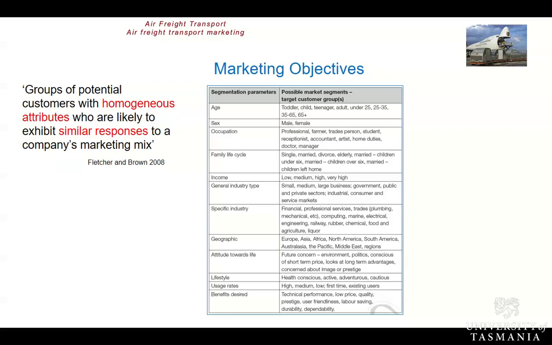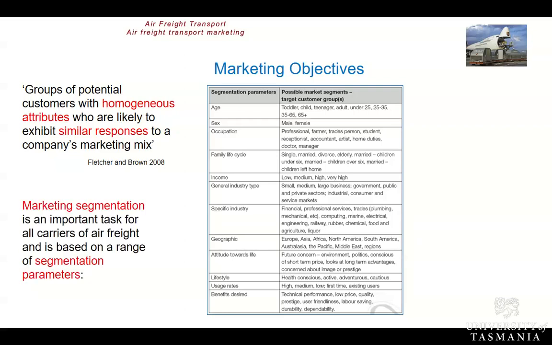Now, breaking that definition down, it is groups of potential customers who have got similar characteristics. And when they are communicated with, they typically respond in the same way. So that's essentially the rationale behind the segmentation.